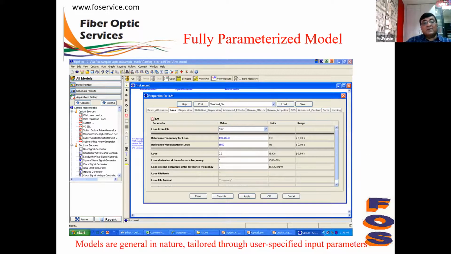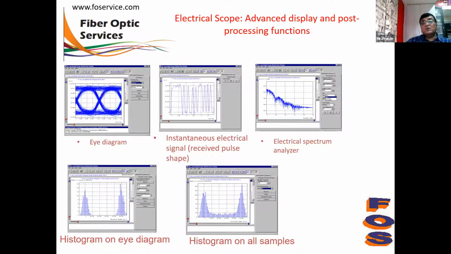This is also again a parameterized model. Each model has a parameter window where the user can define parameters, or there will be default parameters and the user can define their own parameters also.